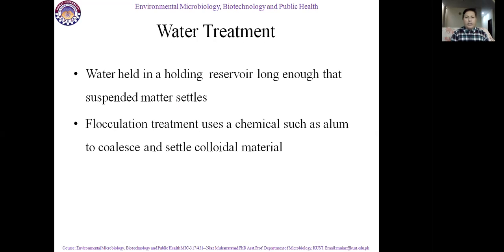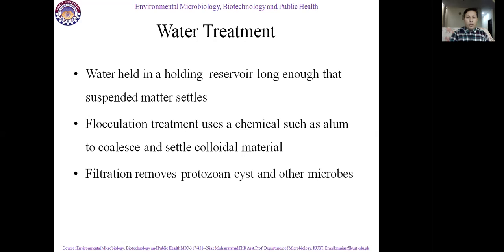Second, flocculation treatment uses a chemical such as alum to settle colloidal materials. We use chemicals which convert soluble materials into insoluble, precipitated form, and that we settle down or remove by filtration or sedimentation.